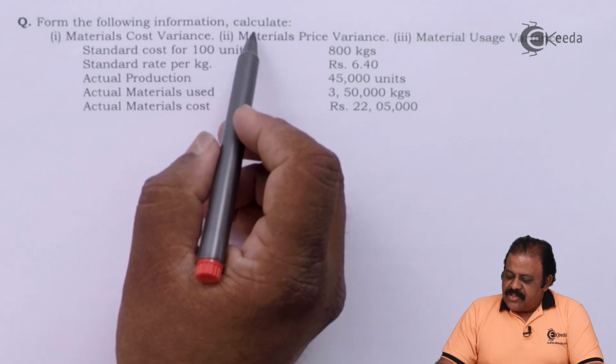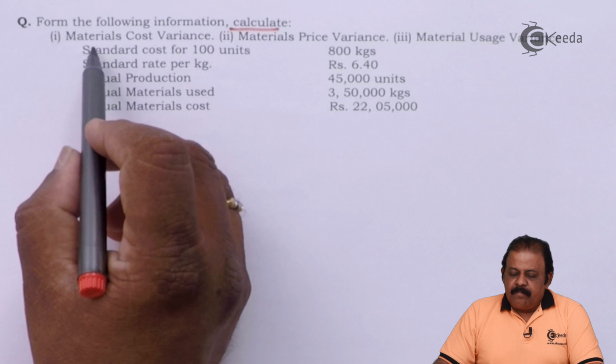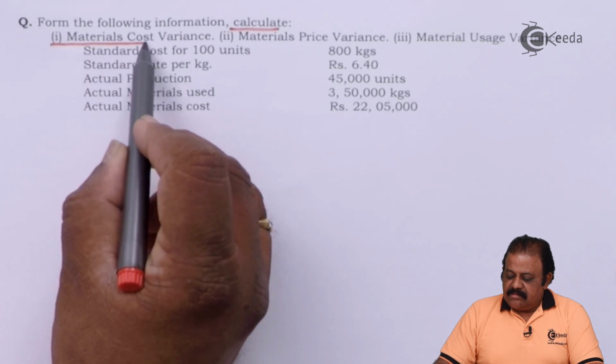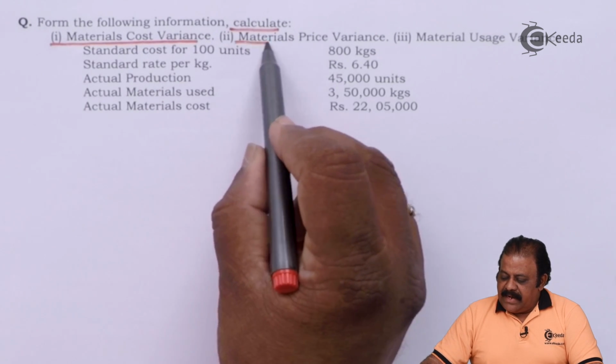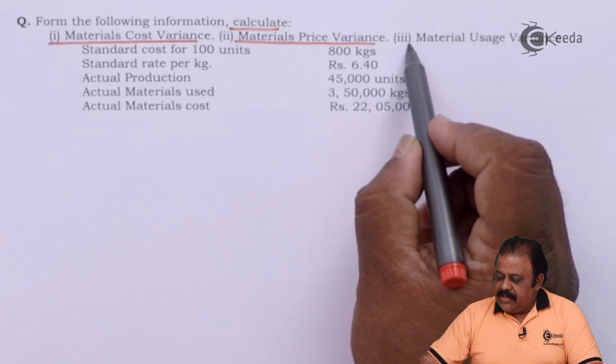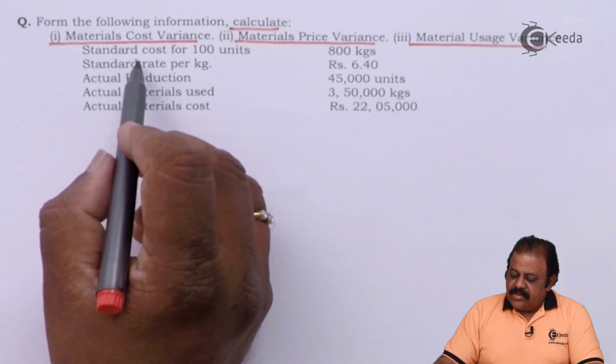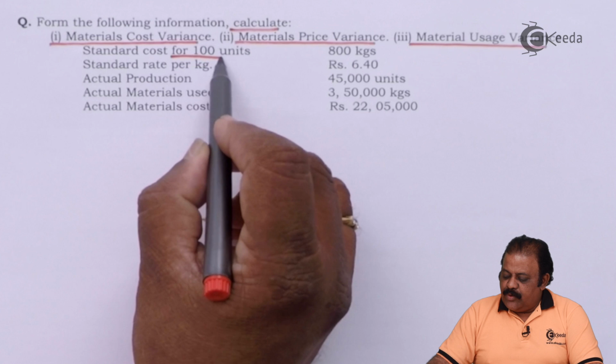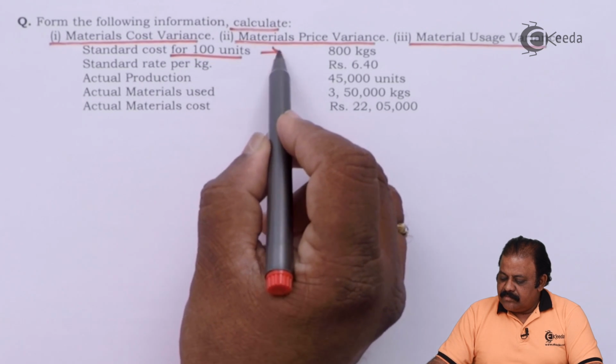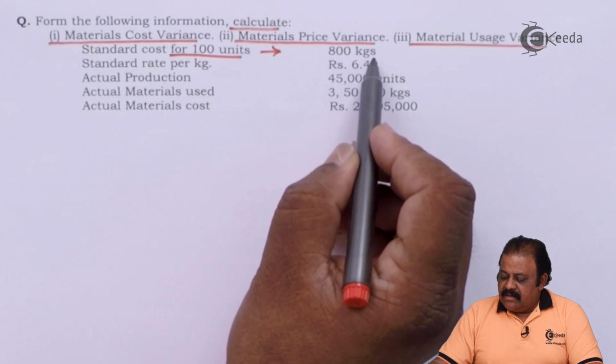From the following information, calculate material cost variance, material price variance, material usage variance. Standard cost for 100 units, 800 kgs.